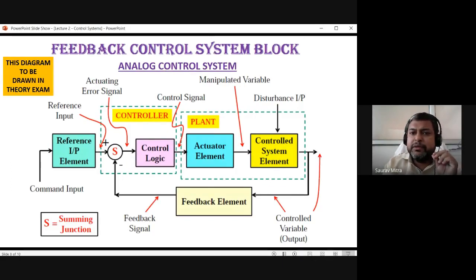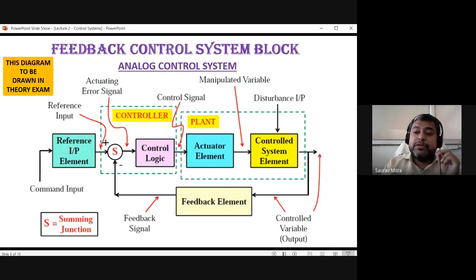This is the problem of the feedback control system. It is a slow process, so from 50 it will increase to 52, then 54, then 55, 56, 57. Maybe after 15 minutes the output temperature will come to 70 degrees again. It will come to 70 degrees, sure, because it's a feedback process, but it will take some time.